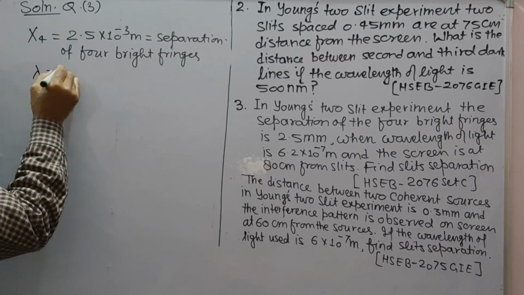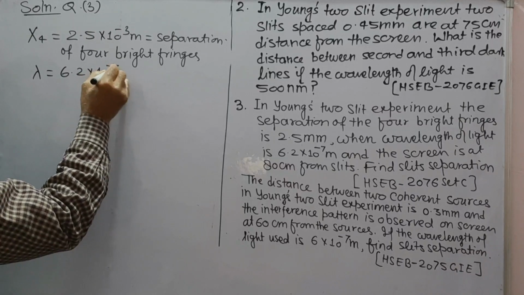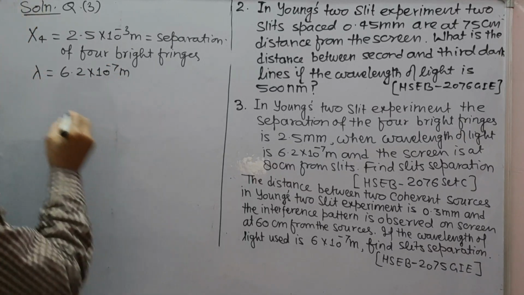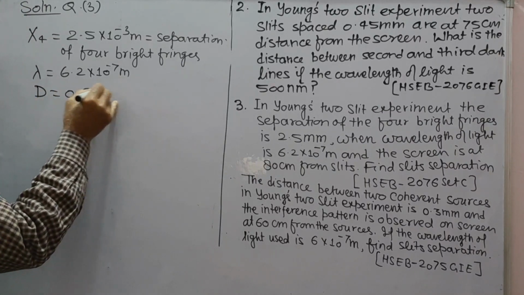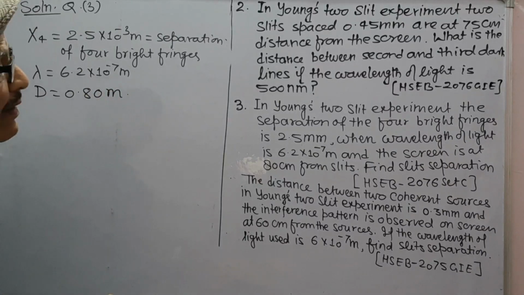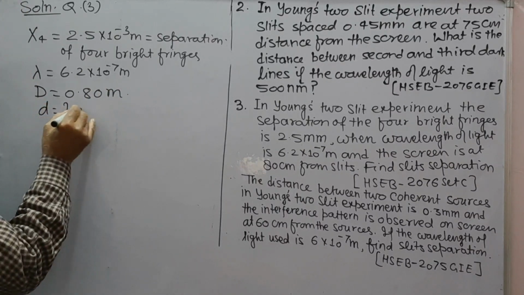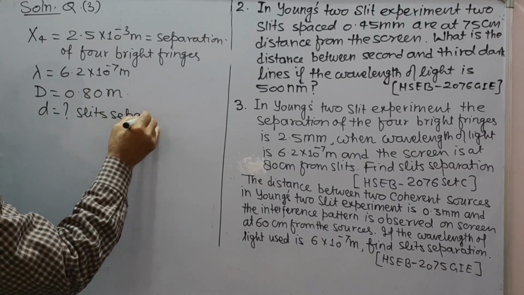Lambda is equal to 6.2 into 10 to minus 7 meter and the screen is at 80 cm, so D is equal to 0.8 meter. We have to find the slits separation.